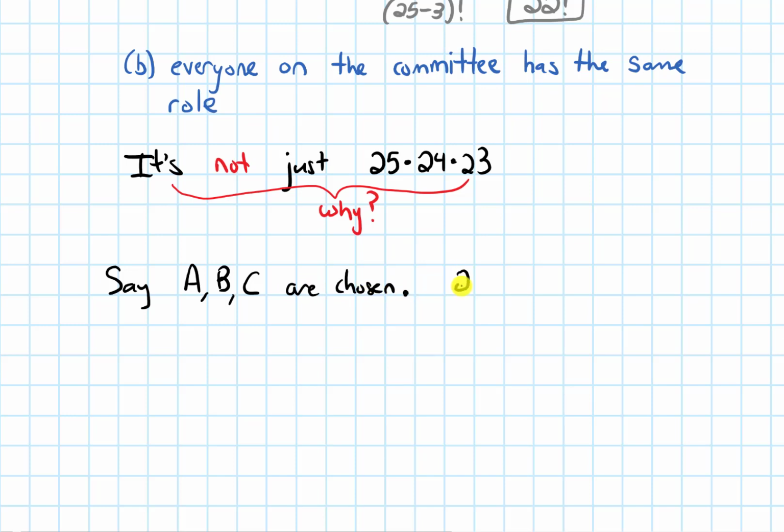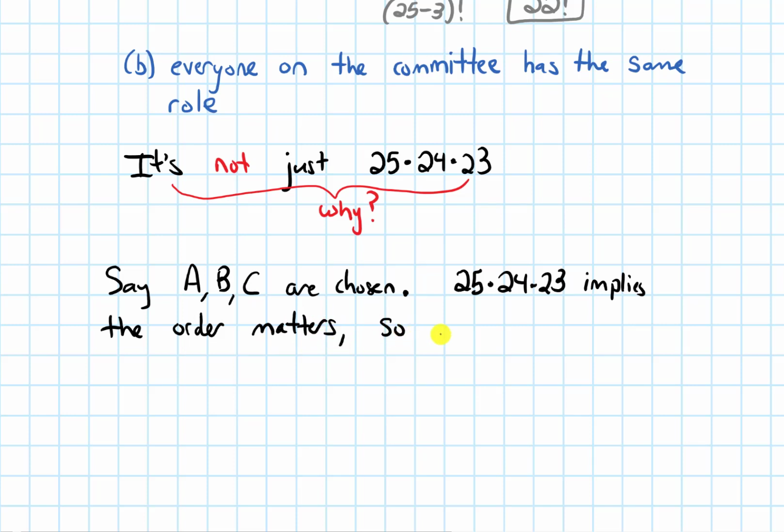So if we look at the value we had before, 25 times 24 times 23, this implies the order in which these 3 people are chosen matters.